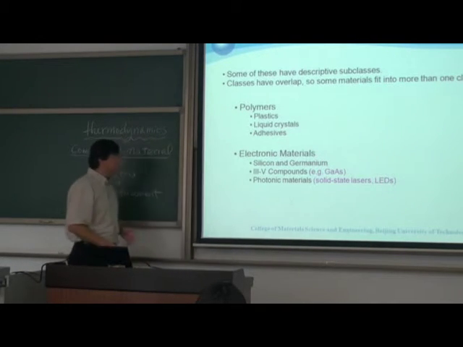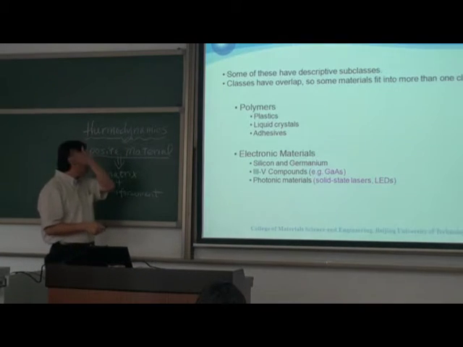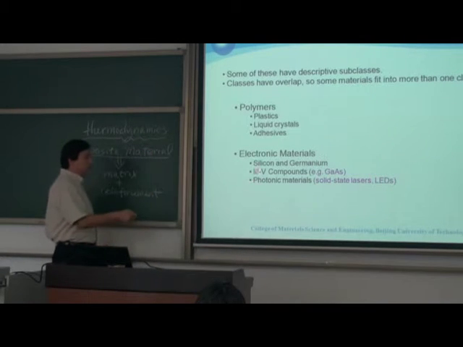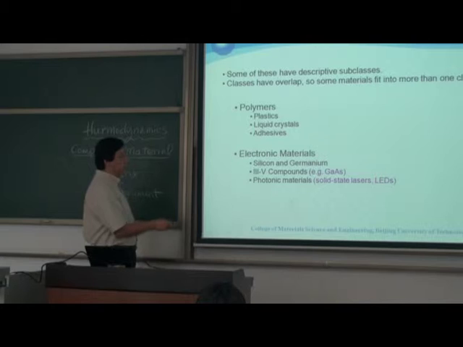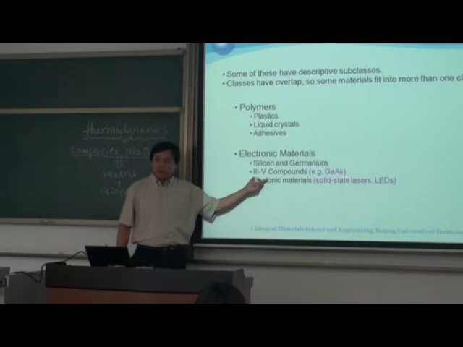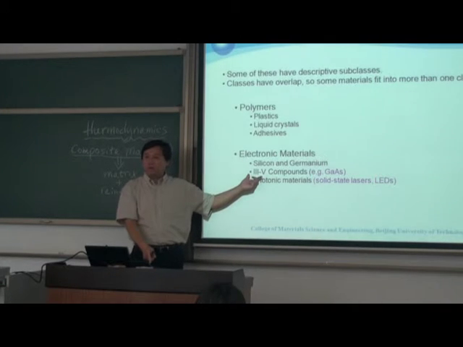Adhesives. And electronic materials such as semiconductors like silicon, germanium, and also these 3-5 compounds like gallium arsenide. When I say 3 and 5, it means the column 3 and column 5 in your periodic table of elements.